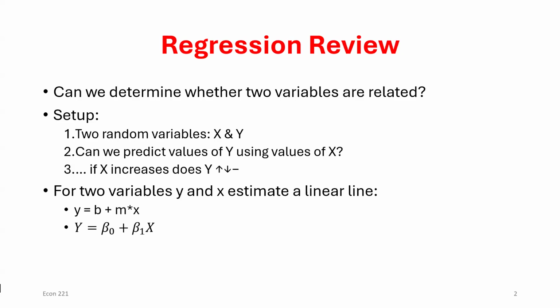This slope coefficient is going to tell us that as x goes up, how y is going to change. In fact, it has a more specific interpretation. How would I interpret beta 1 here? If x goes up by 1 unit, how many units is y going to go up or down by? That's what beta 1 is telling us. That's what that slope coefficient is telling us.